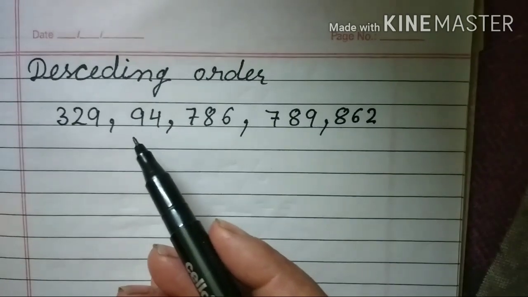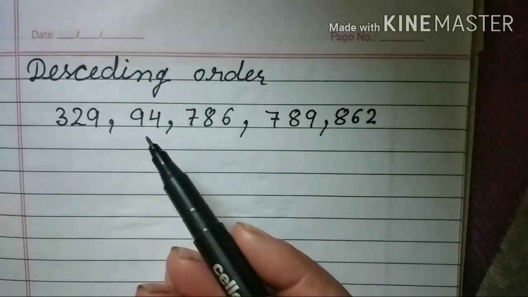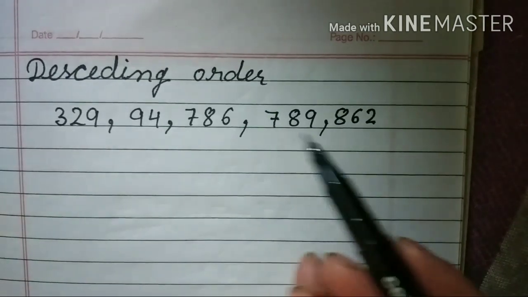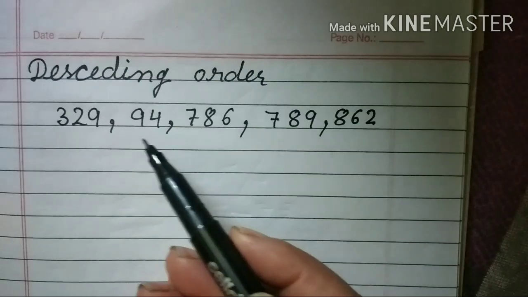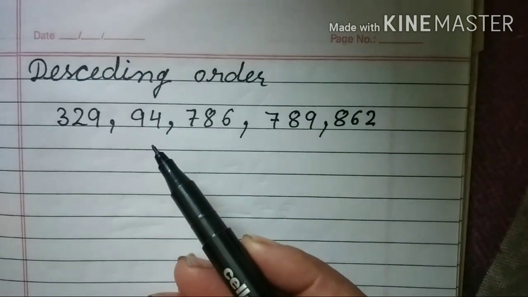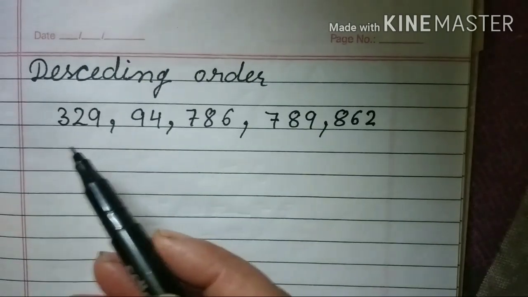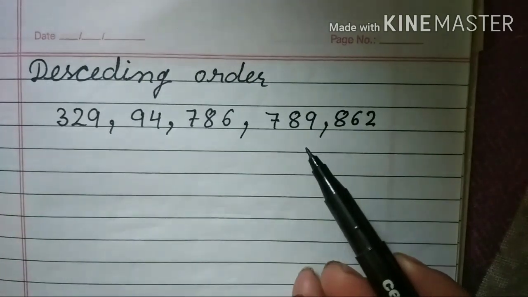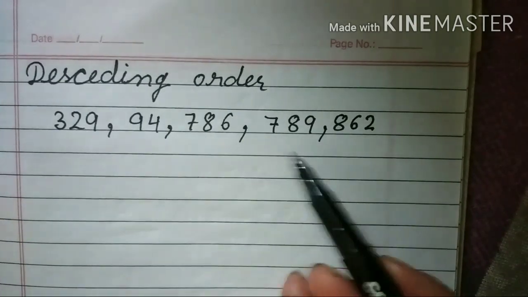One number is a 2-digit number, which means 94 is the smallest number here. Now we will check the 3-digit numbers. We have to find out the greatest number among these numbers.